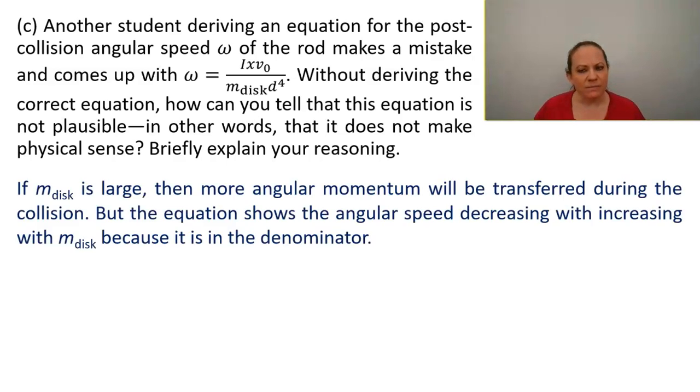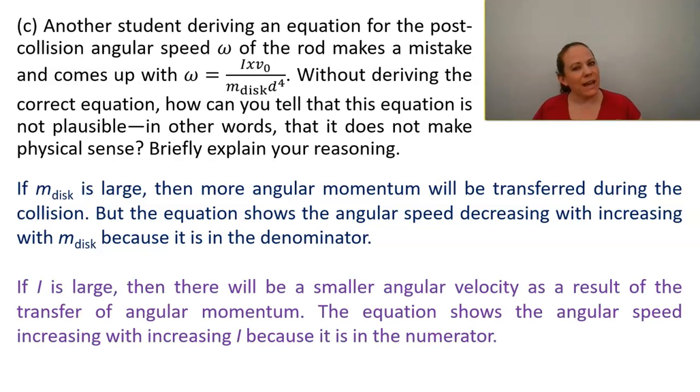First of all, this equation says that if m disk is large, then we know that more angular momentum will be transferred during the collision. But this equation shows that the angular speed will decrease with an increasing m disk because it's in the denominator.